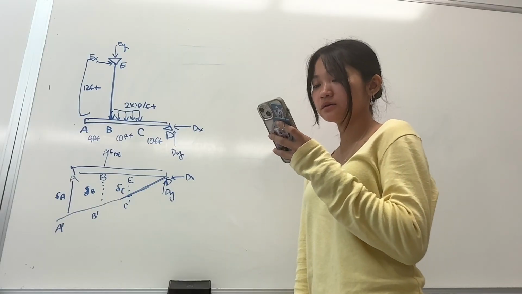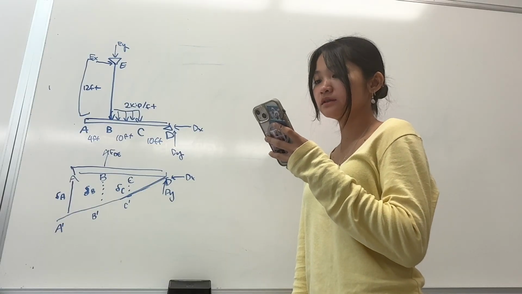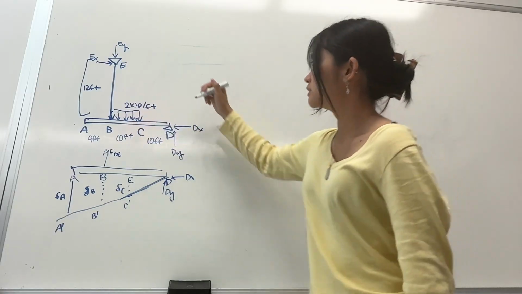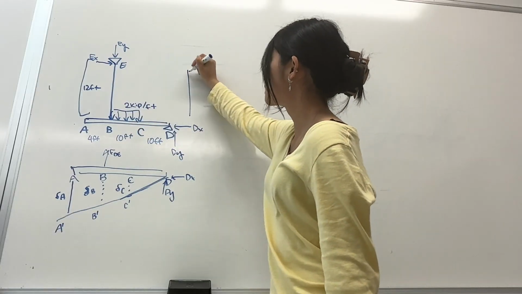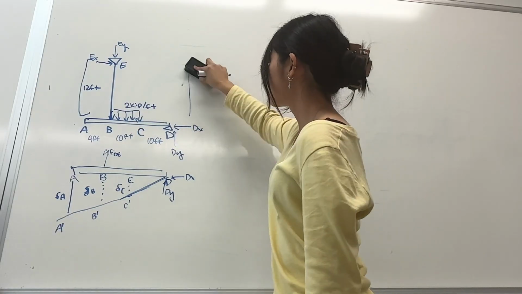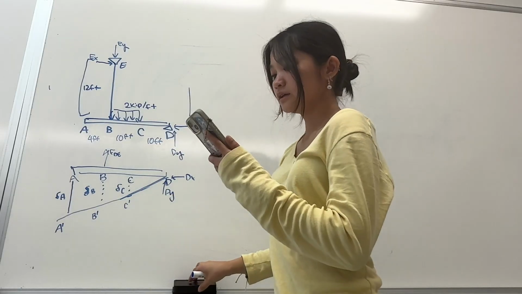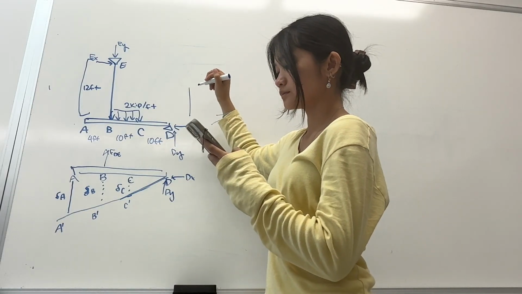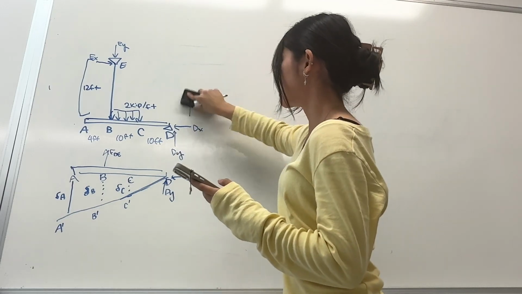And then we also can draw our normal force at BE. So if we isolate this and then we make a cut, actually, we can do this in a second.